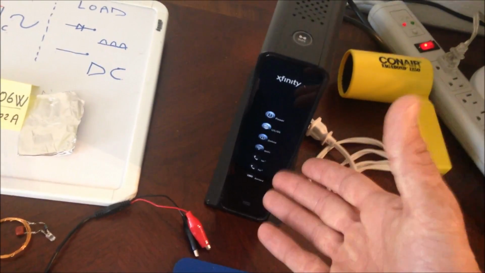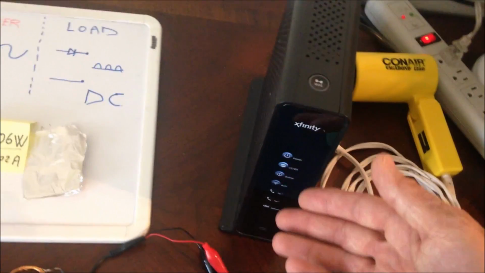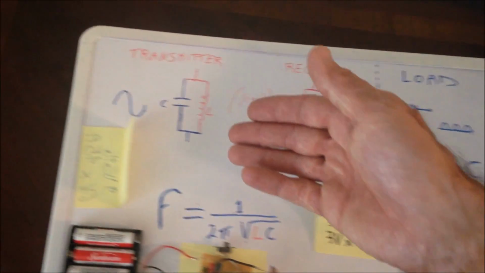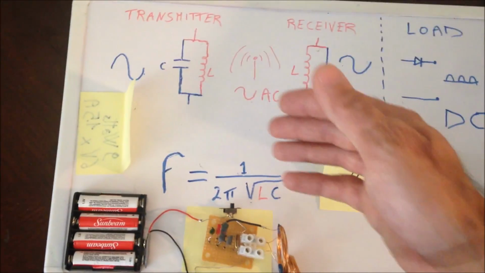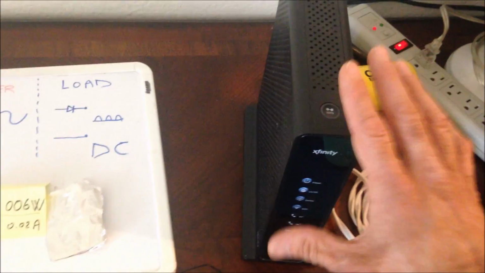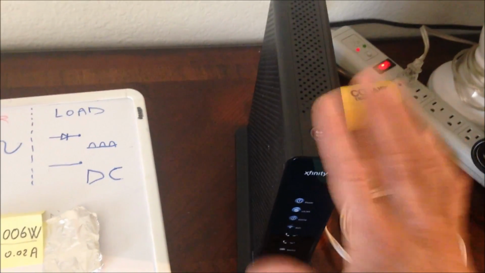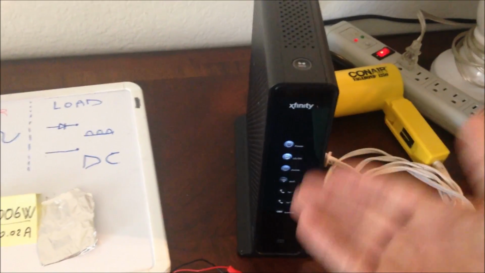However, we have our router here that works on 2.4 gigahertz. That's quite high frequency. The higher the frequency goes, the shorter our antenna is going to be. So let's take a look at how much power we can get out of our common house router.